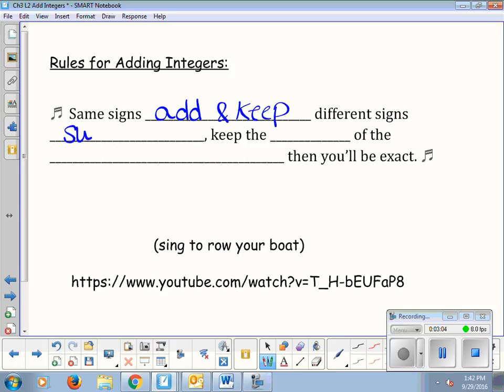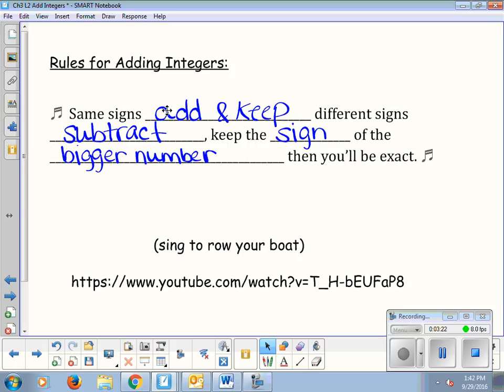Different signs, you subtract. You're going to keep the sign of the bigger number, then you'll be exact. And you can sing this to Row Your Boat.